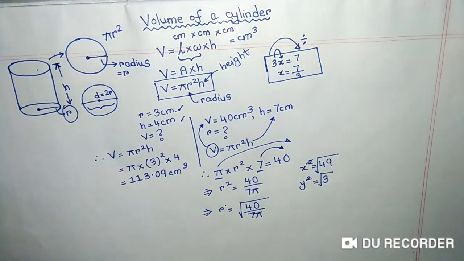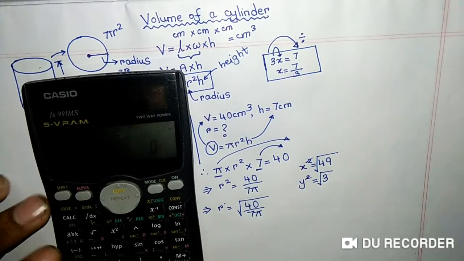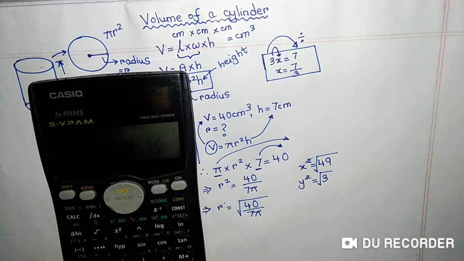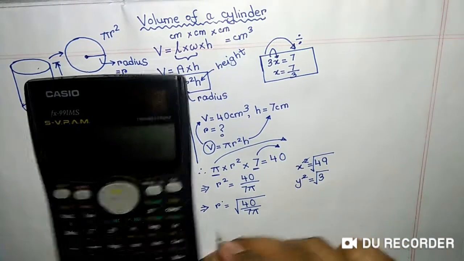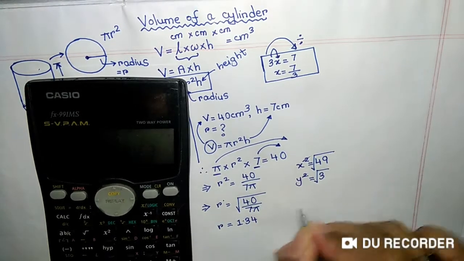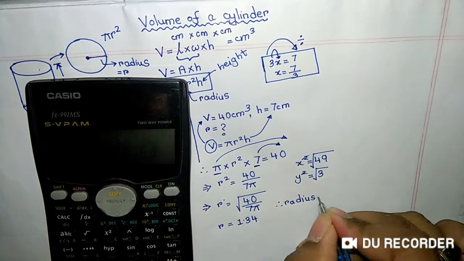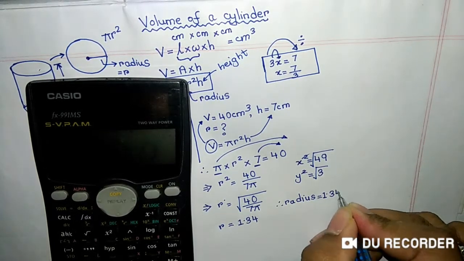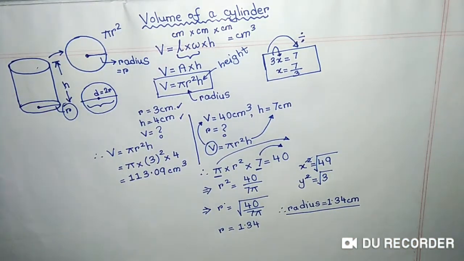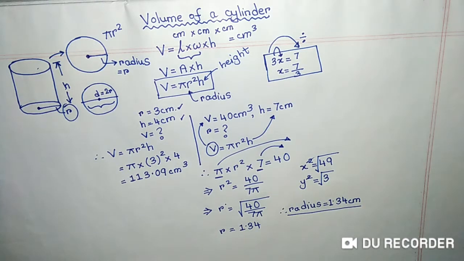Now we will do our calculation: 40 divided by 7 shift pi, and we square root the answer, and the answer is going to be 1.34. So we can write that the radius of the cylinder is going to be 1.34 centimeter.